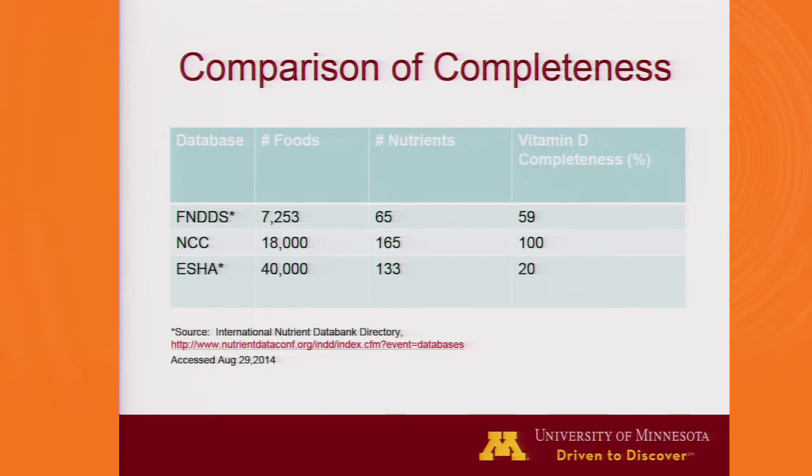Whereas the NCC database is unusual in that it strikes a balance. It has more than twice as many foods as the FNDDS database, and more nutrients than either the FNDDS or ESHA, with almost all the nutrients available for all foods. In other words, near 100% complete for all nutrients for all foods.